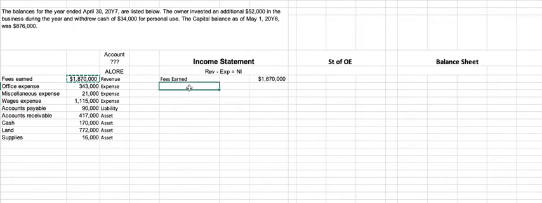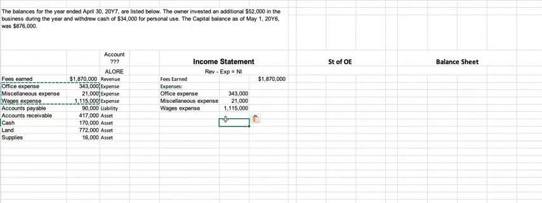Okay, the next thing we'll do is we'll list out our expenses. And so what we'll do here, and I think I can just copy these three expenses. And then we will total those expenses. I'm going to use the sum button up here, and that's going to total those expenses, and then I'm going to move the total over here.